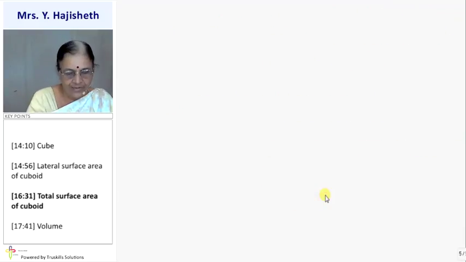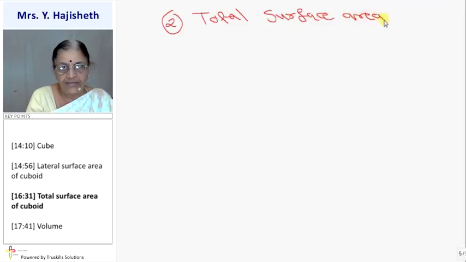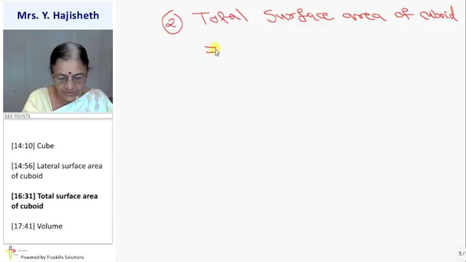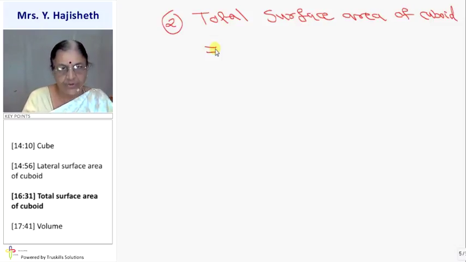Now second formula is total surface area of cuboid. Total surface area of cuboid is total area of all 6 faces, and you know surface areas are measured in square units.